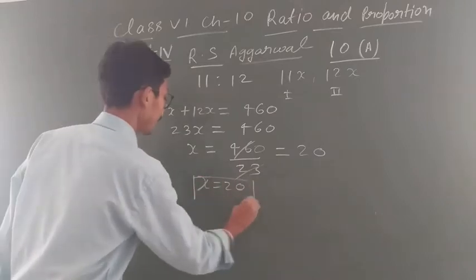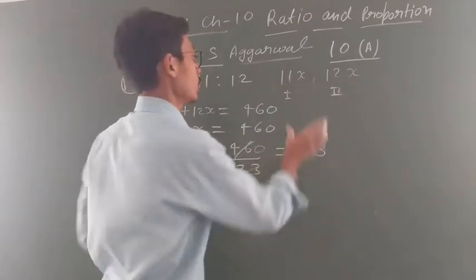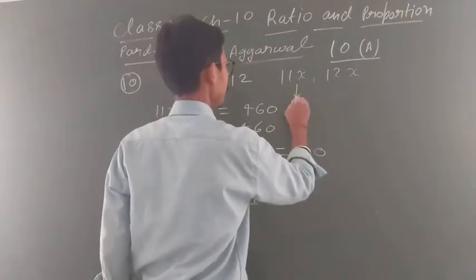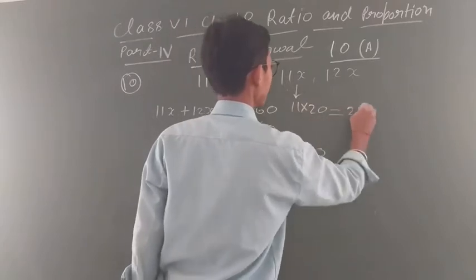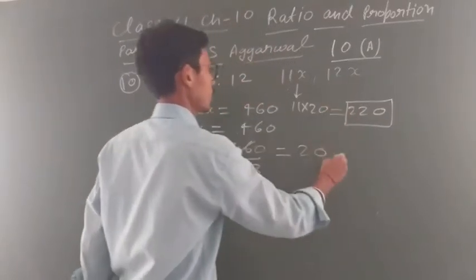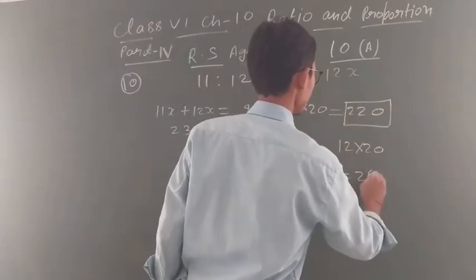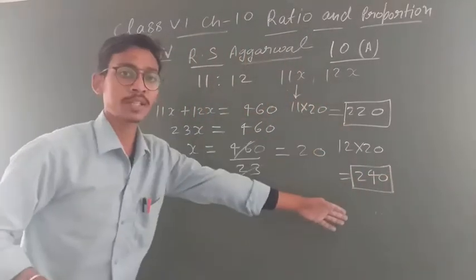But we have to find the numbers, because the first number is 11x and the second number is 12x. So 11x means 11 multiplied by 20, which is 220. The first number is 220. The second, 12x, means 12 multiplied by 20, that is 240. Okay everyone?